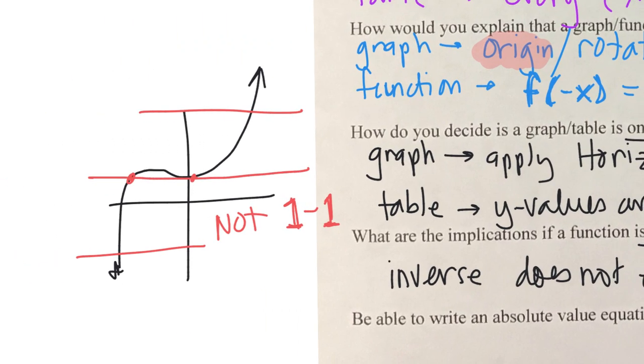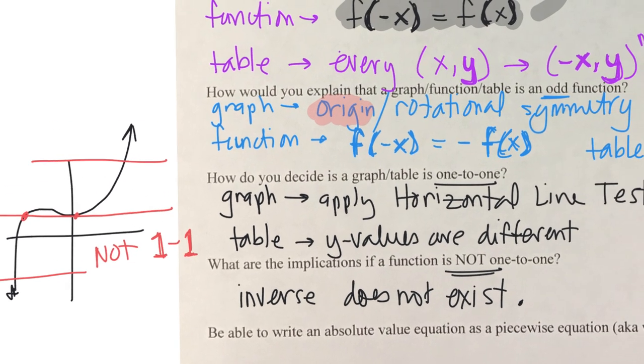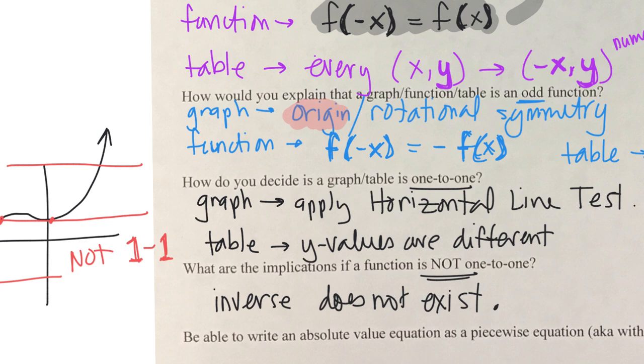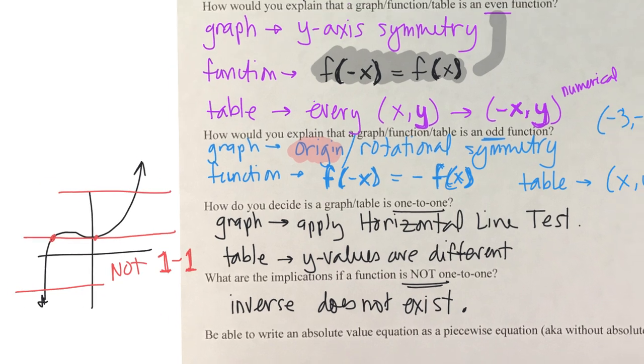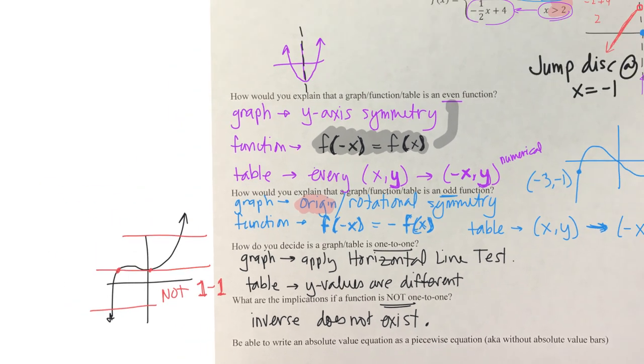This graph would not have an inverse that exists. It is not invertible. That's why we care about 1-to-1, because not all functions have inverses. If it fails the horizontal line test, that means we have one x value with two y values, and that can't happen.